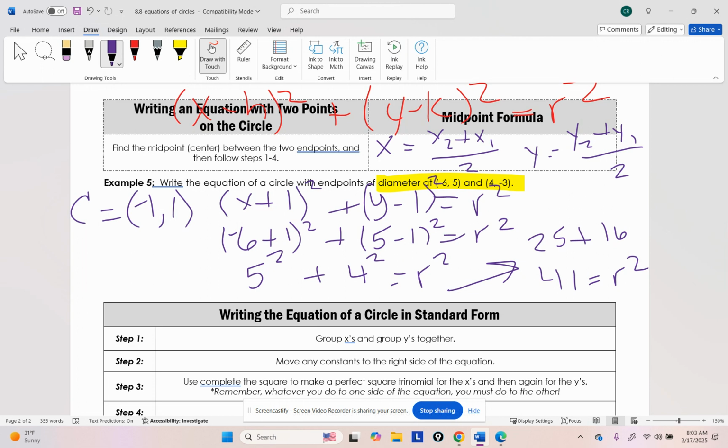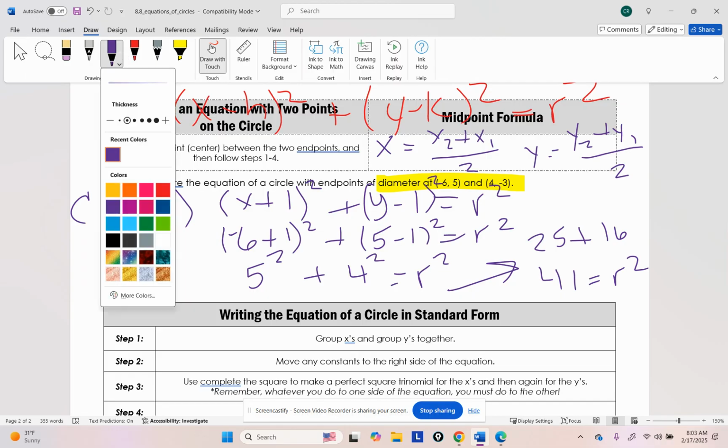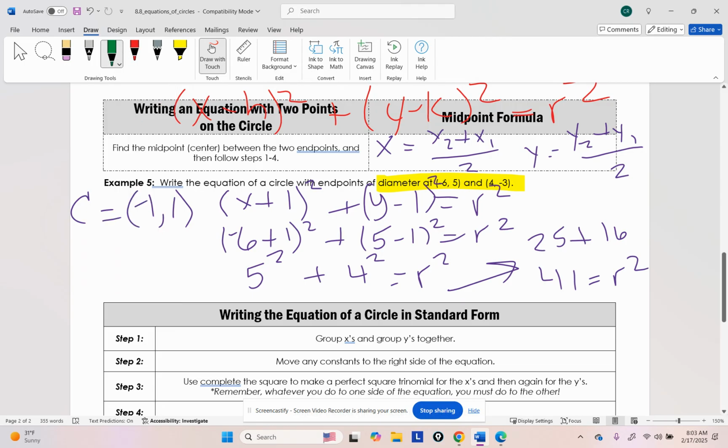So now, writing your equation is what we're going to do now. So if we're writing the equation, let's get another color, something a little distinguished, so we can distinguish it out. So our equation is going to be x plus 1 squared plus, because remember it's a plus 1 because my center is at -1, 1.